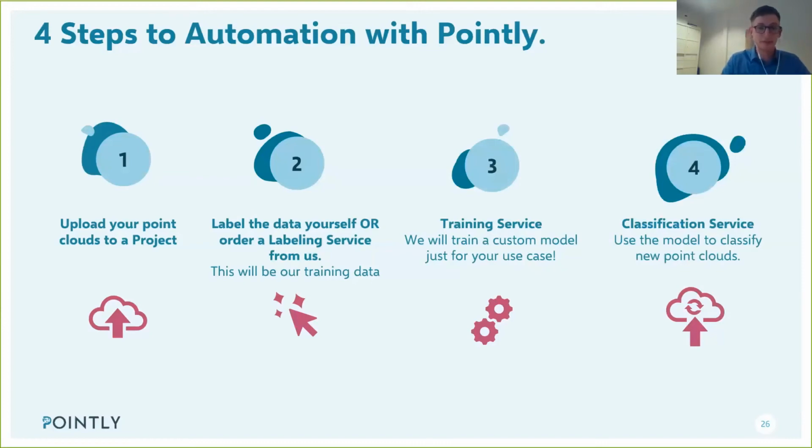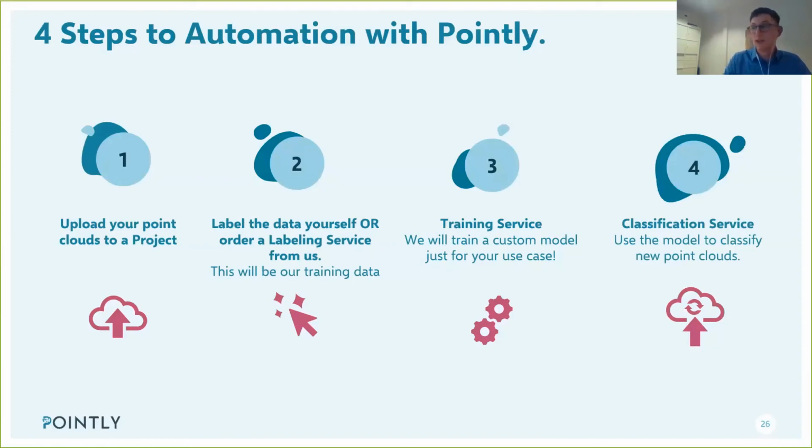And for a normal proof of concept, for step 2, we plan like 5 to 15 days of effort for labeling, which is not a lot, but can already deliver pretty decent results. And with the help of Pointly and the tools that we have there, the results can easily be corrected or even enhanced.